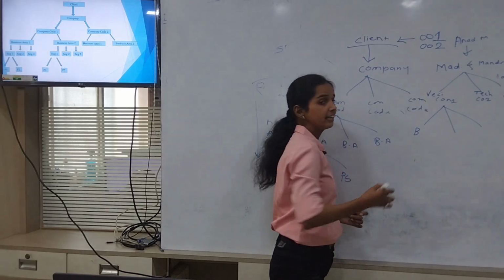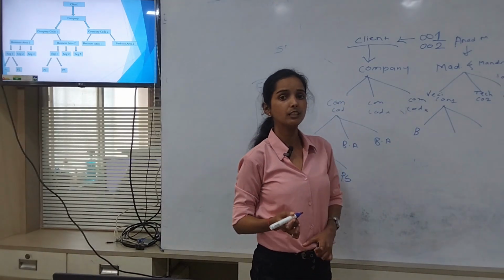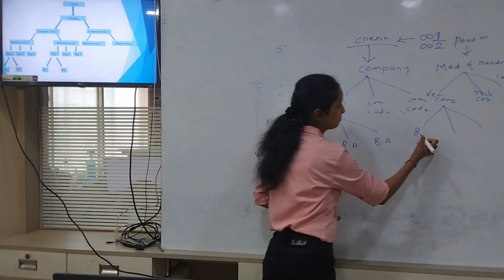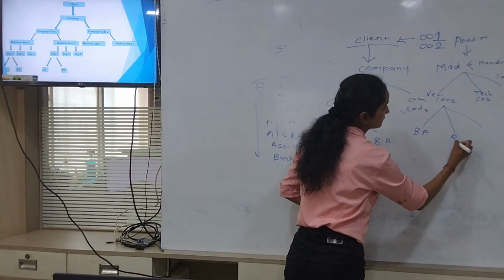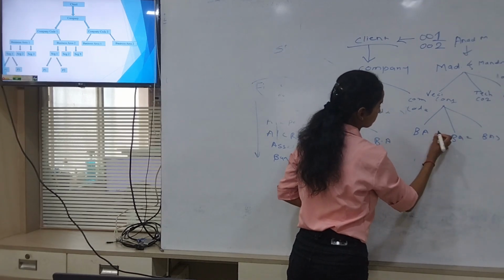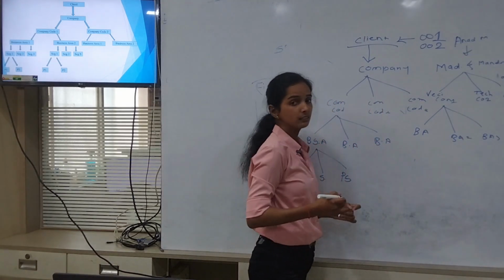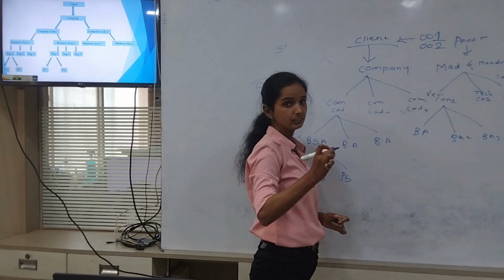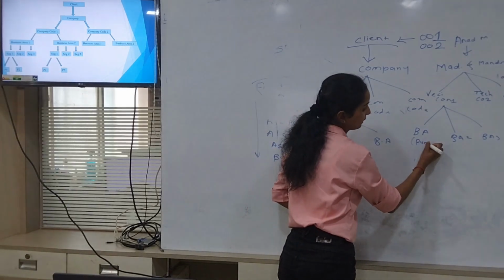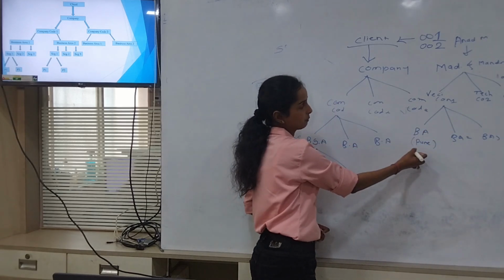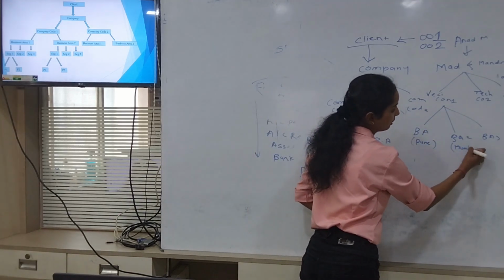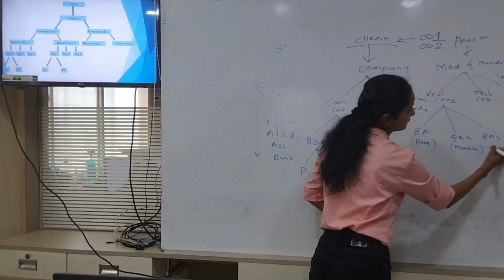Each business area can be geographical or product-wise: business area 1, business area 2 and business area 3. If it is geographical, it could be Mahindra's business area for Pune, for Mumbai or for Delhi.